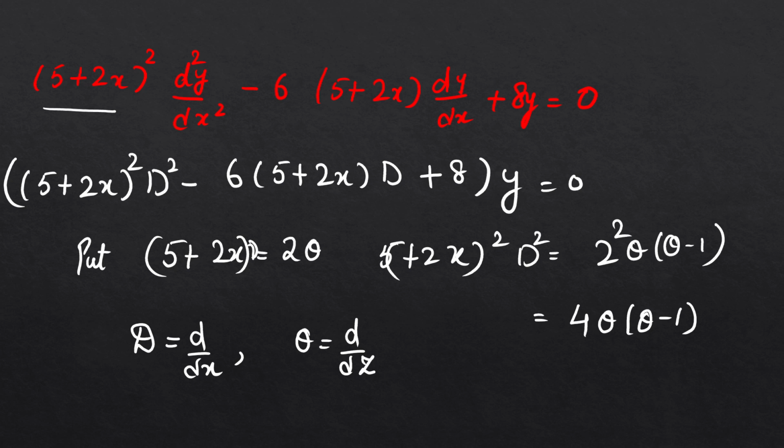After that, we will put our values in our equation. We will replace this term by 4 theta into theta minus 1, and we will replace this term by 2 theta.